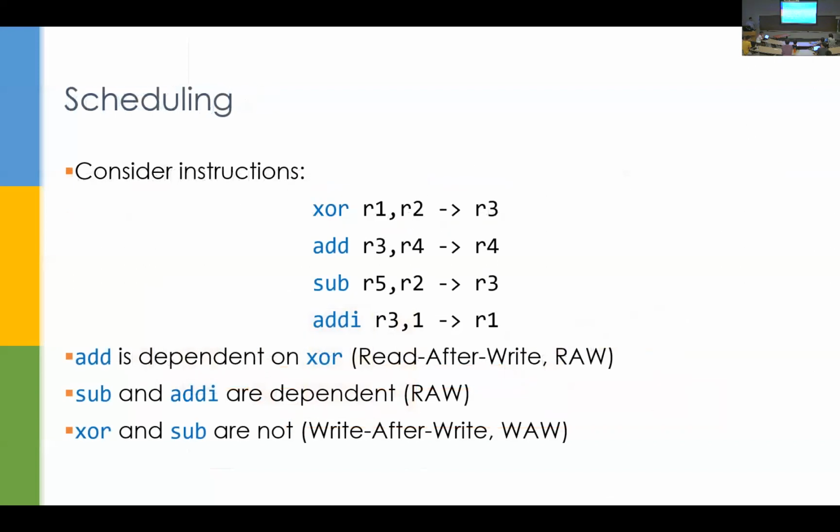So for example, consider this instruction cycle. You're doing an XOR operation on R1 and R2. You're adding R3 with R4. So just between these two lines, what can you tell me? Between the XOR and the ADD.